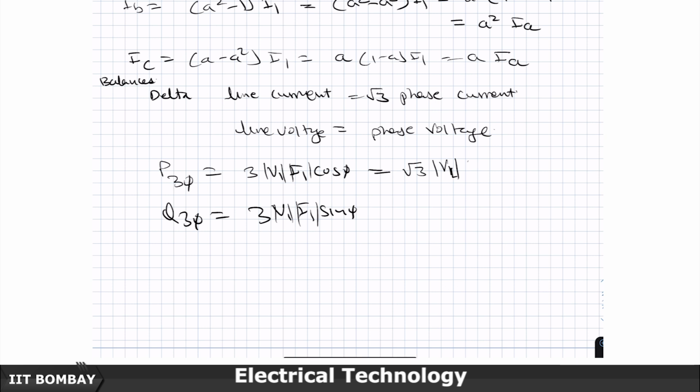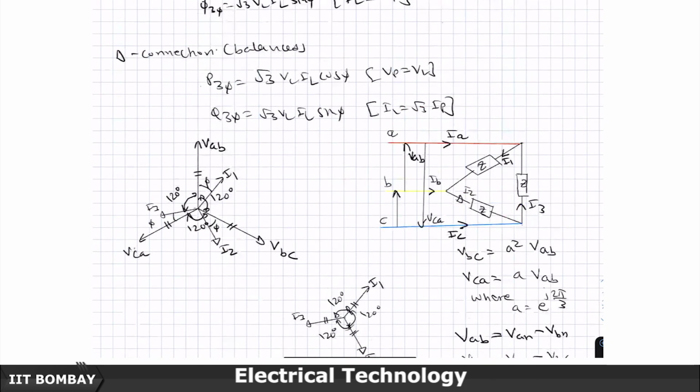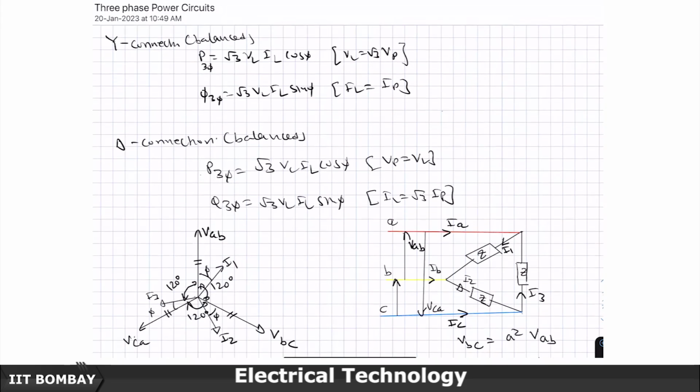So, I will just write this as root 3 V_L I_L cos phi, and this similarly is root 3 V_L I_L sin phi. So, our objectives that we set forth at the beginning of this class, to show that similar relationships exist with balanced delta connection, balanced system but delta connected, we have achieved that.